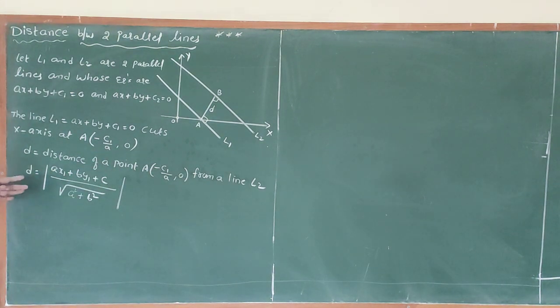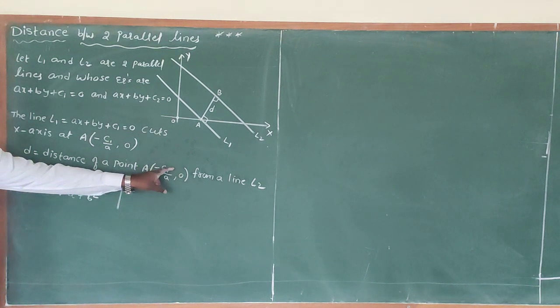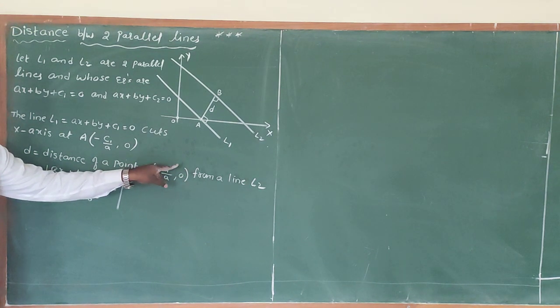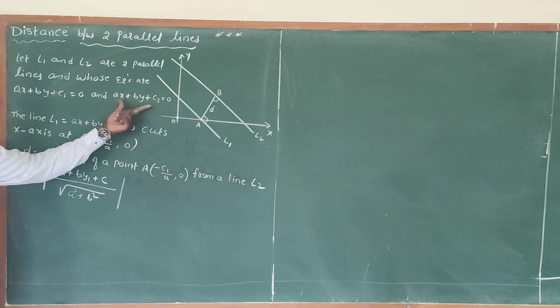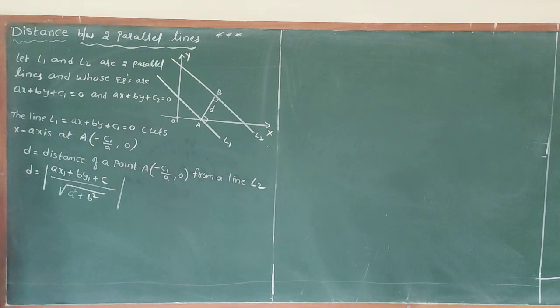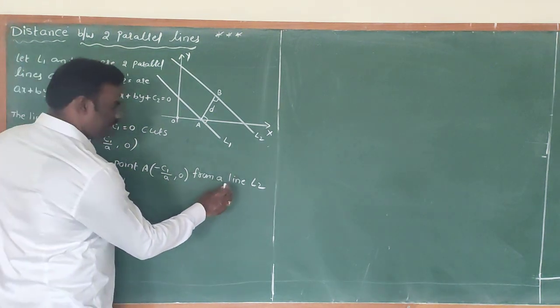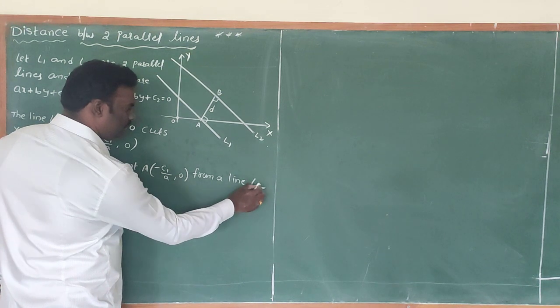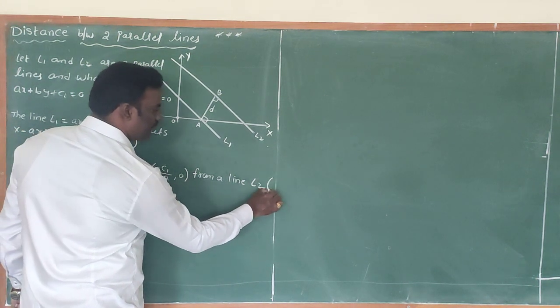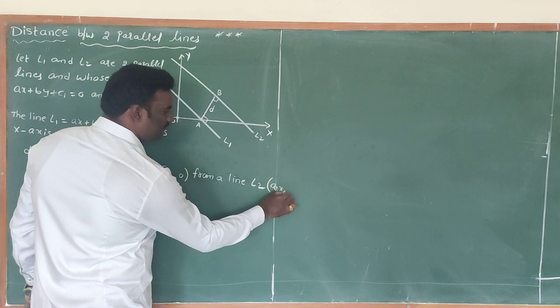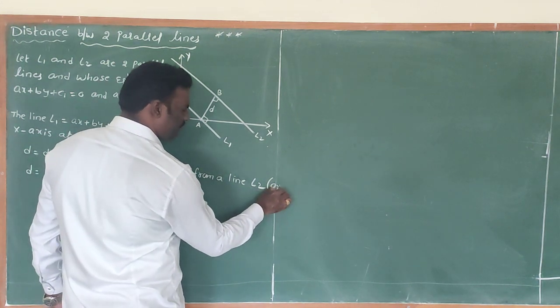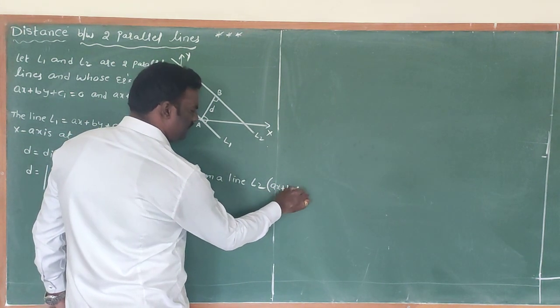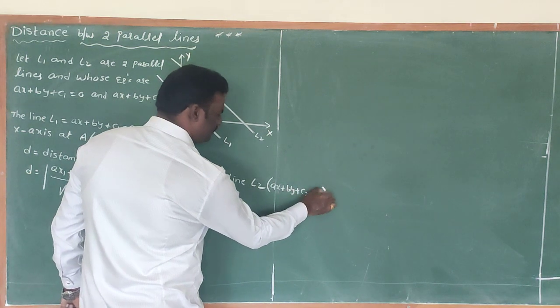Already just now I proved this condition. In this x1 means this one, y1 means this one, C is nothing but L2 means what? C2. Okay. Now L2, what is this L2 line? Ax plus By plus C2 is equal to 0.